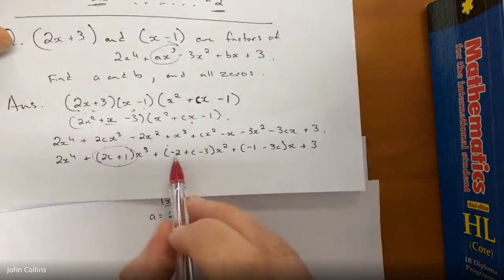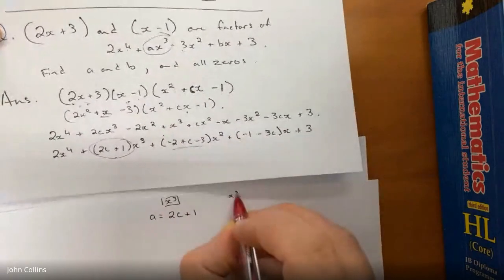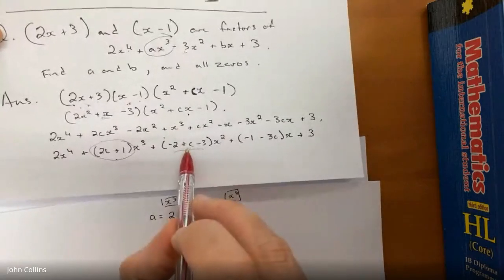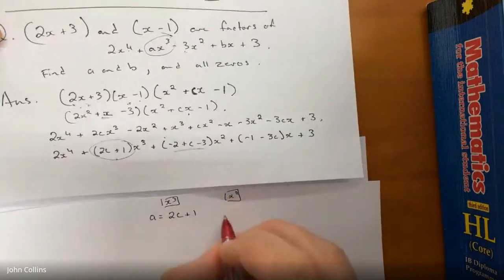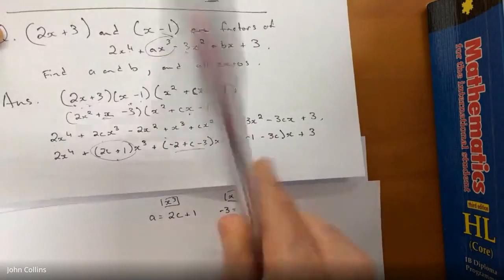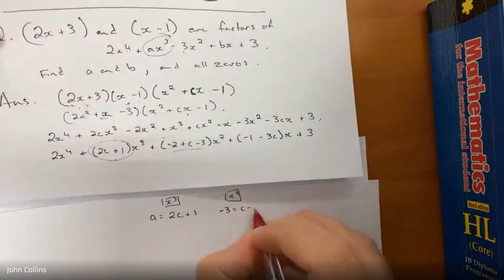I can also say that this has to equal negative 3 from the x squareds, just looking at the coefficient. So that's c minus 5 if I combine those. And that's minus 3 from the question is equal to c minus 5.